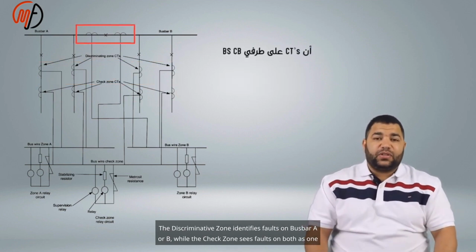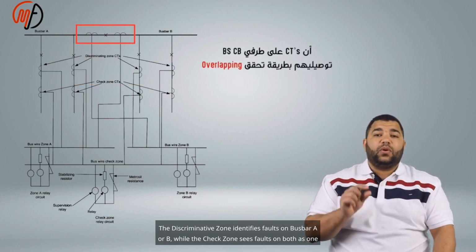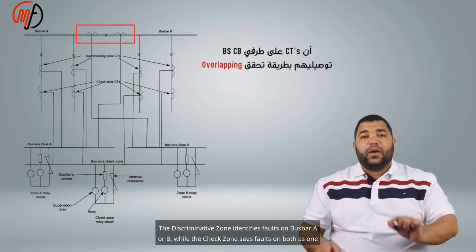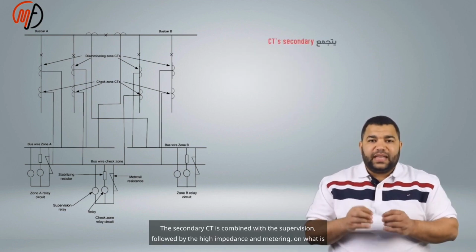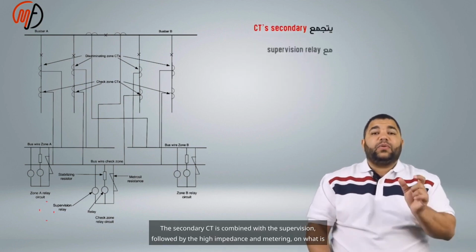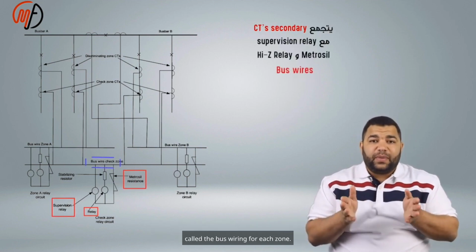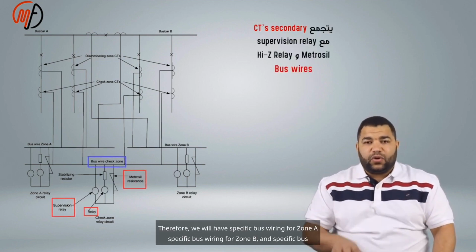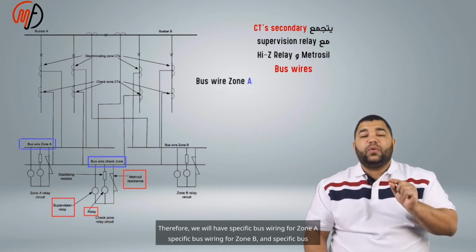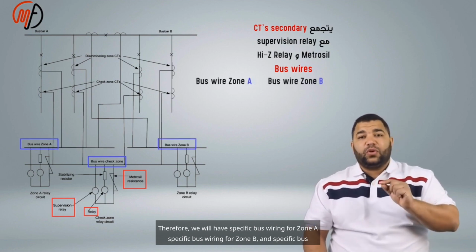The discriminative zone identifies faults on bus bar A or B, while the check zone sees faults on both as one bus. The secondary CT is combined with the supervision, followed by the high impedance and metering on what is called the bus wiring for each zone. Therefore, we will have specific bus wiring for Zone A, specific bus wiring for Zone B, and specific bus wiring for the check zone.